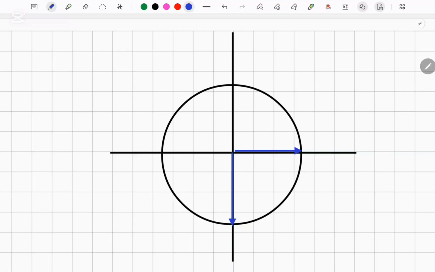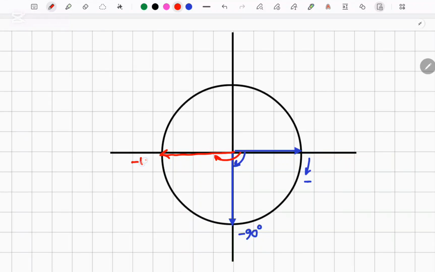This is going to be negative 90 degrees because I'm going clockwise, moving in the way that the clock moves, okay? If I wanted to show negative 180 degrees, it would have been here.